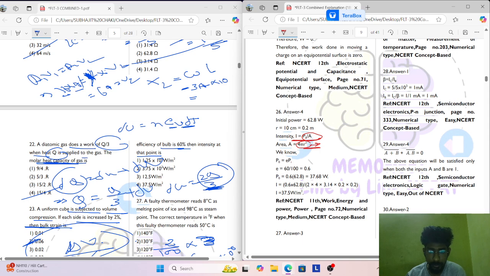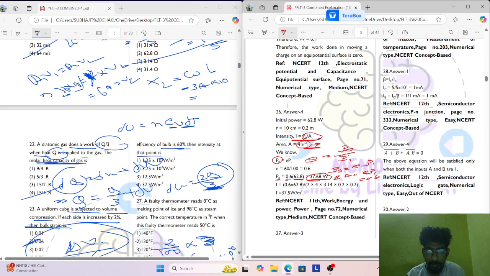If you take efficiency, the final power equals efficiency into initial power. Efficiency equals output by input, so output power P naught equals E into Pi, which is also I into A. Efficiency of 60% means 0.6, so P naught will be 0.6 into 62.8, that means 37.68.